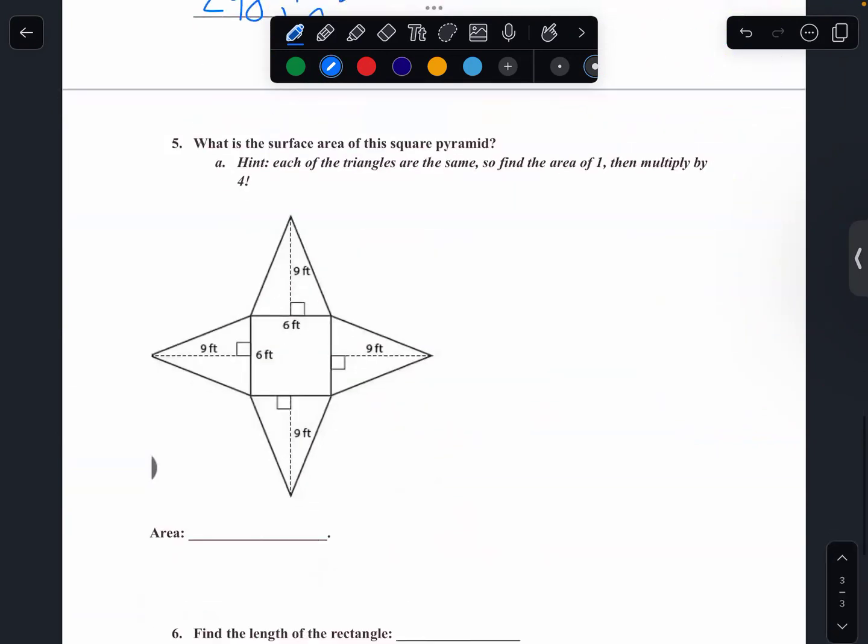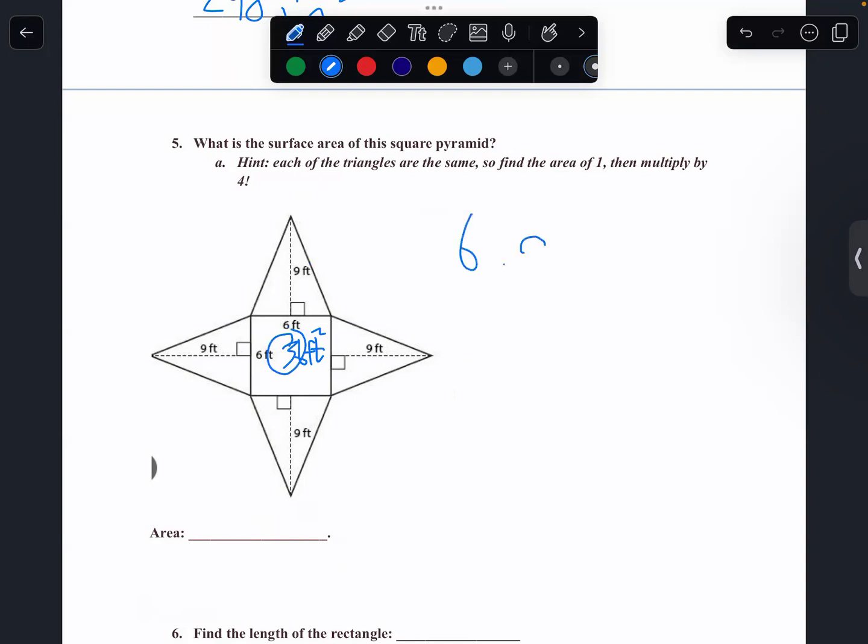All right. Number 5, the surface area of this square pyramid. Each of the triangles are the same. So really all you've got to do is find the area of the square base and then all of the sides. So 6 times 6 is 36 square feet. Now, this is 6 and that is 9.